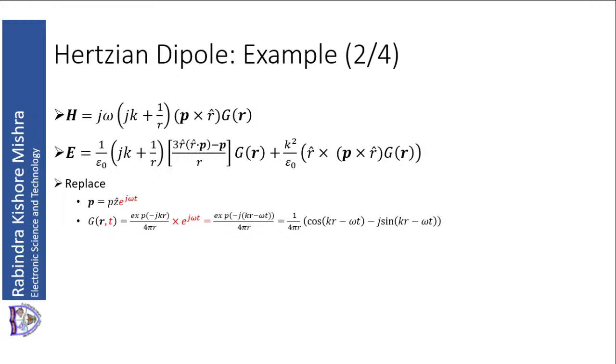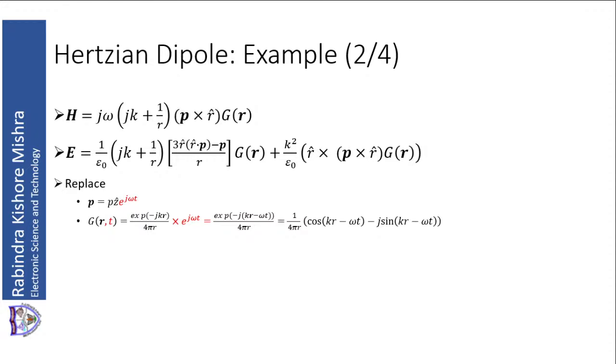There are two exponential terms, so exp minus jkr, exp j omega t, will be exp of (minus jkr plus j omega t) in the numerator, and the denominator will be 4 pi r. Then use the Euler formula. Using the Euler formula, we get 1 by 4 pi r into cosine of (kr minus omega t) plus j sine of (kr minus omega t). So this much we get.